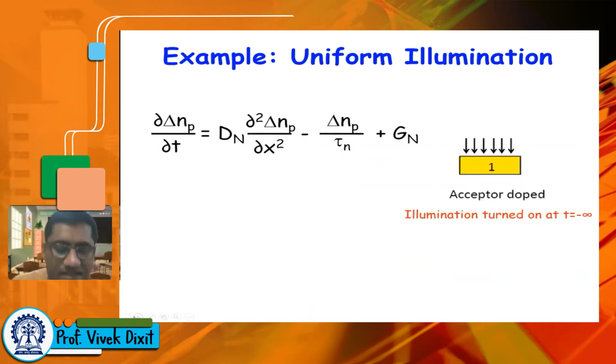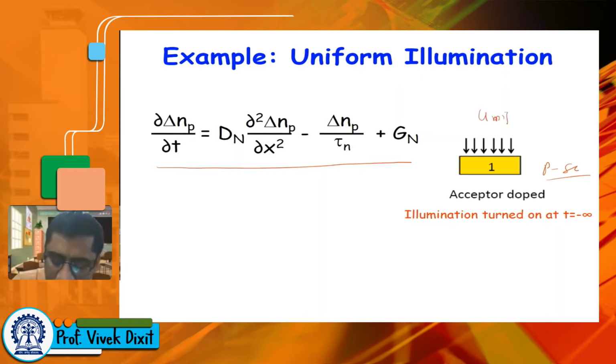Okay, so let us consider the first example. This is the diffusion equation, and you have a piece of semiconductor, let's say p-type, that is uniformly doped, right? And there is uniform illumination.